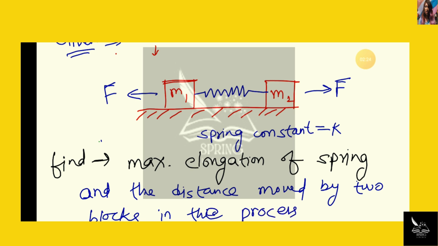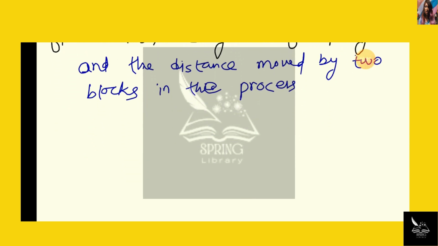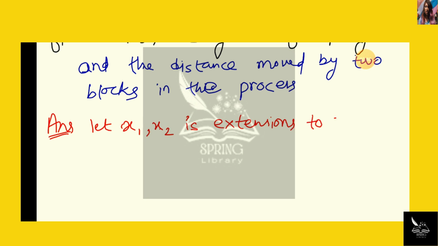Let x1 and x2 be the extensions of the first block and the second block respectively. The first block has mass m1 and the second block has mass m2. So the extension for the first block is x1 and for the second block is x2.